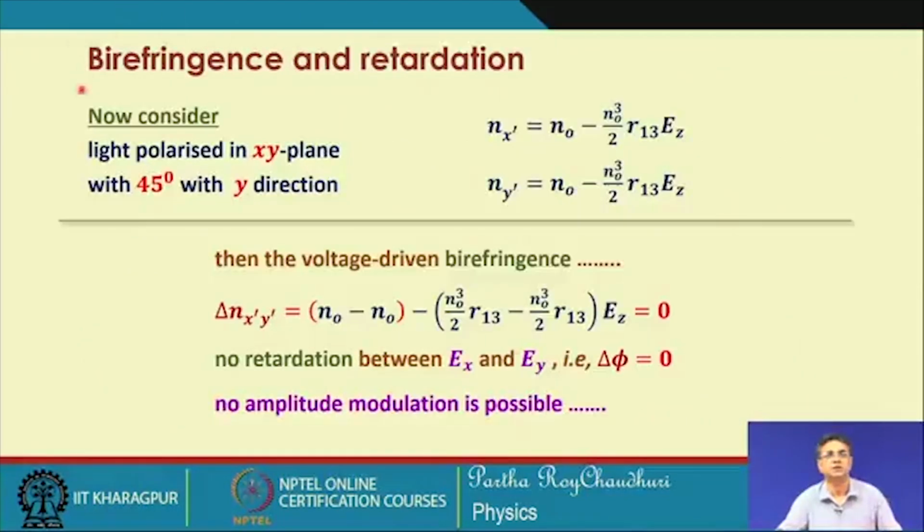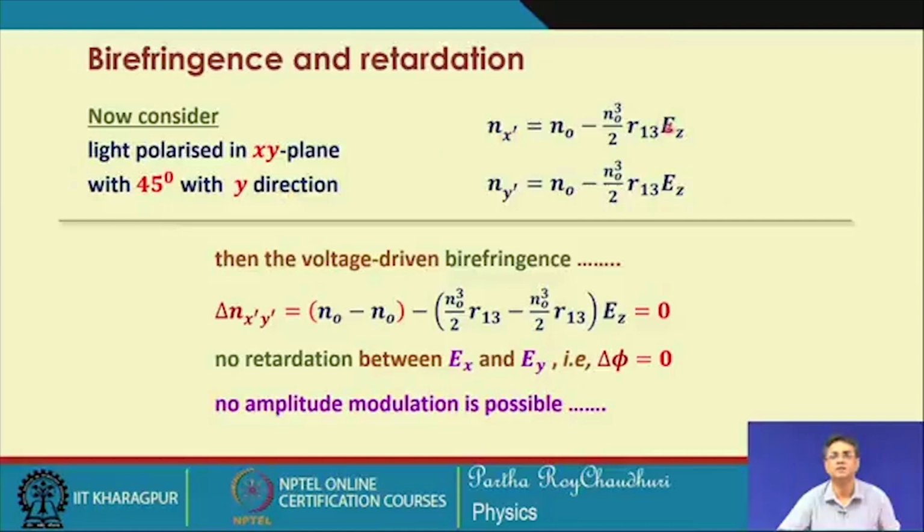Let us see that. So, first consider that light is polarized in the xy plane, because this is the case which will clear the understanding of whether the light is polarized along x or y. So, considering a polarization which is midway between x and y polarizations, that is at 45 degrees with the y direction.